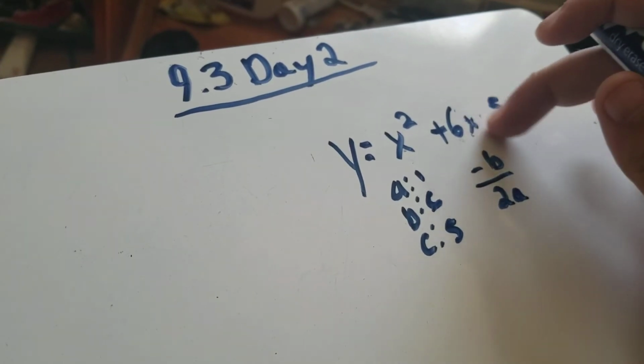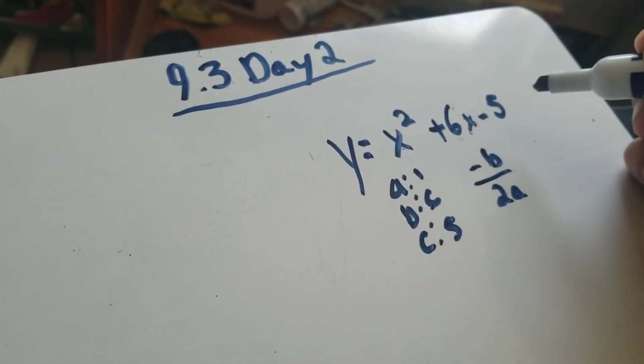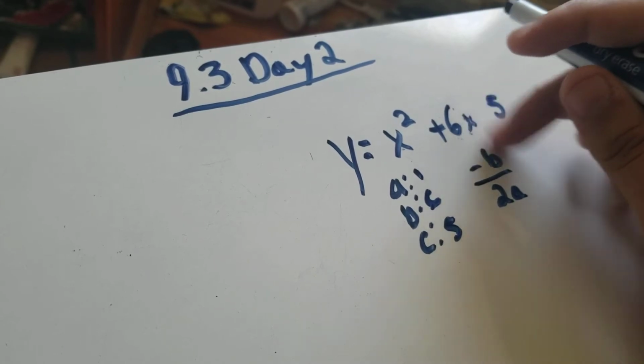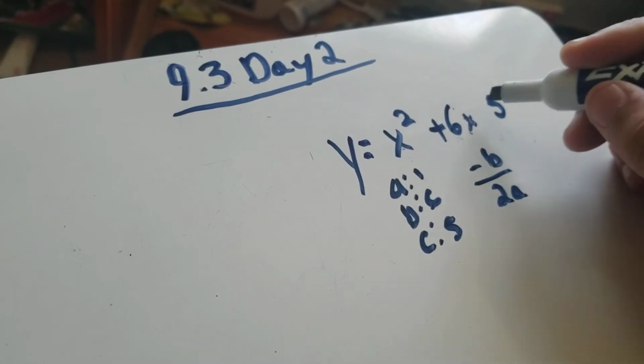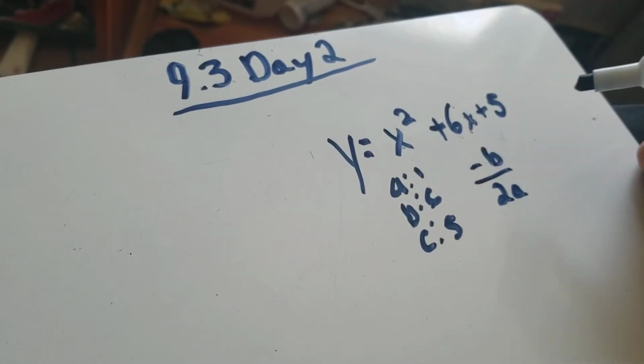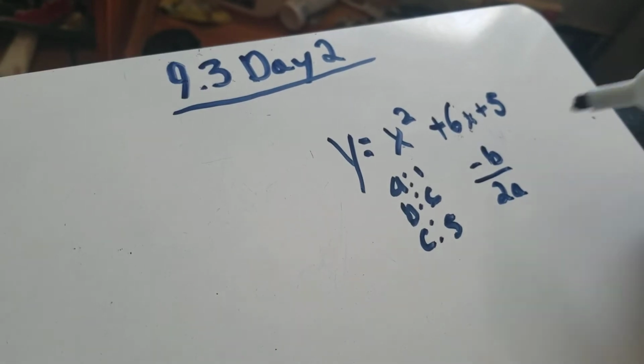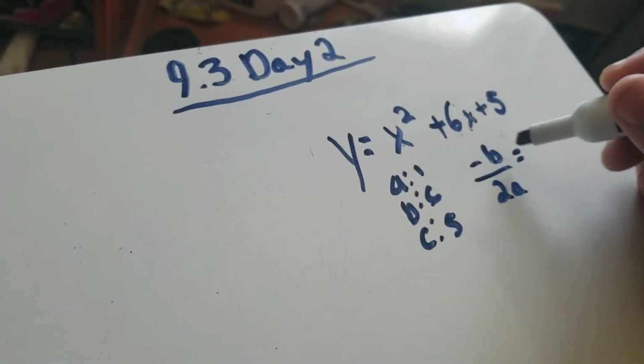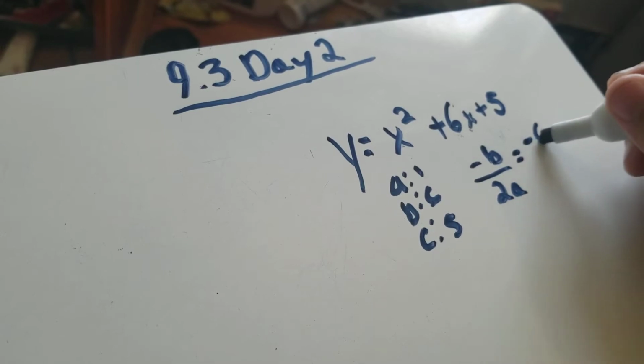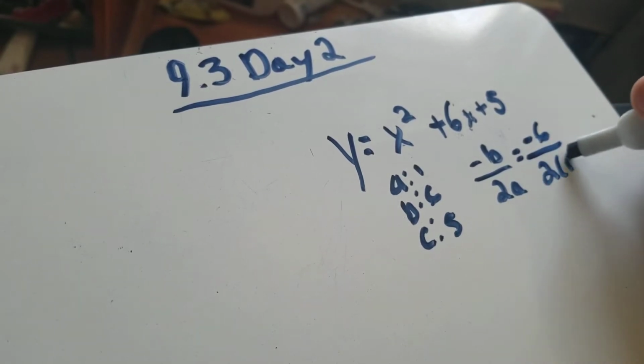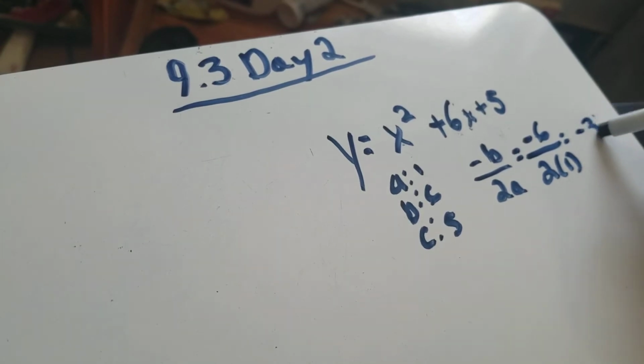This should be a minus 5. Let's fix that real quick. No, wait, plus 5 is right. I'm sorry. So it's going to be negative 6 over 2 times 1. Negative 6 over 2 is negative 3. That's the x of the vertex.